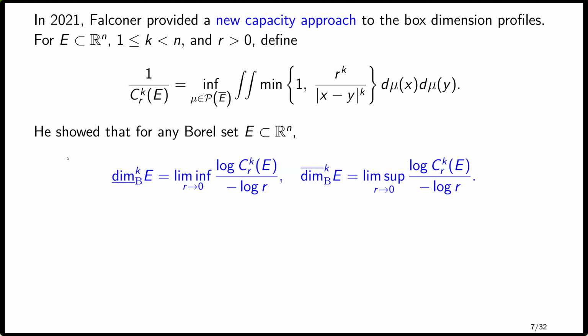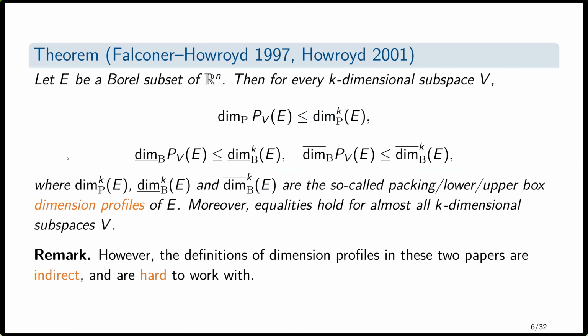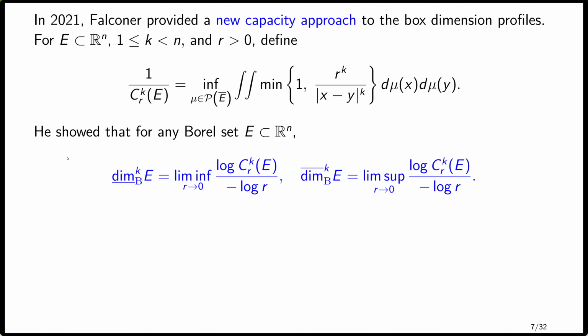And he showed that for any Borel set E, this is called the lower box dimension profile, introduced on this page. Here I didn't give the exact definition, but in 2021, Falconer proved that the original definition can be equivalently written as this limit of log C_r divided by negative log r.